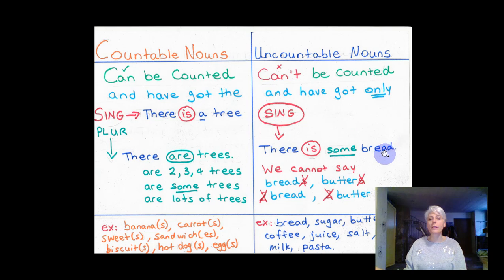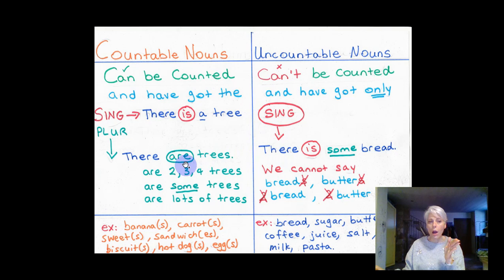But if we want bread to become countable, we have to divide it into slices, fettine, or pieces. So if I want bread to become countable, I must divide it into parts. And the sentence becomes countable, plural.